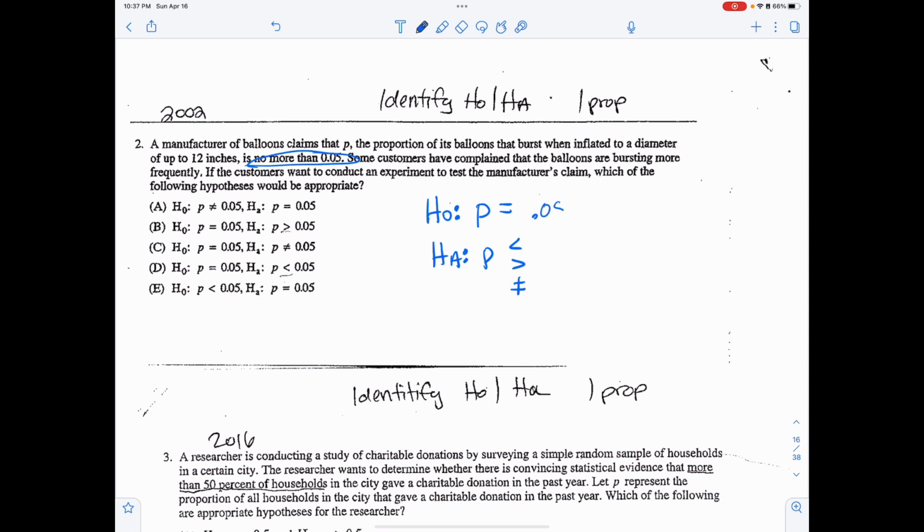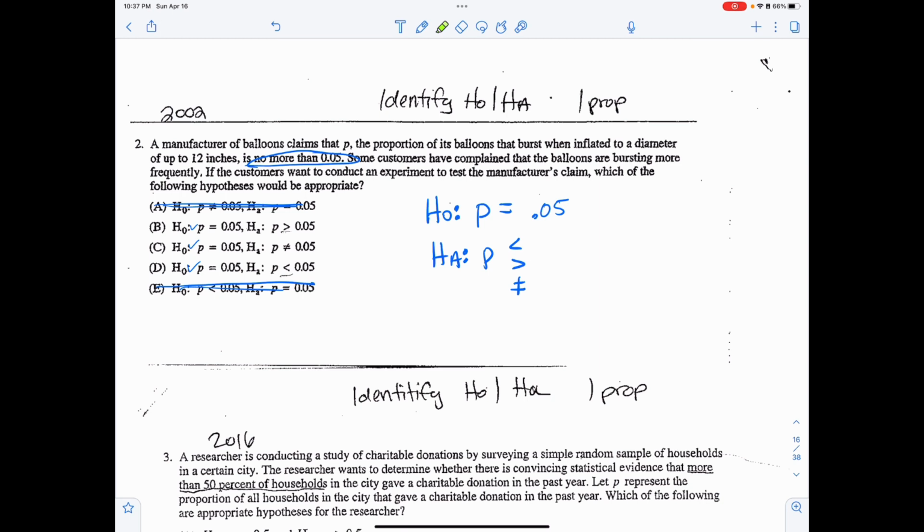And it says 0.05 right there. So I'm just going to go ahead and say it's not that one. Before I even read the question, I could see it's not that one. Okay, and then now I know that it has to be one of these because they all have H0 this way. Now I'm going to go ahead and read what I'm saying. It says that is no more than 0.05.